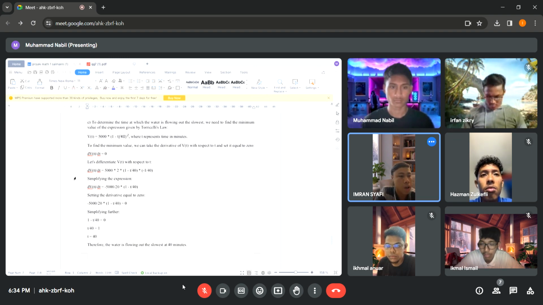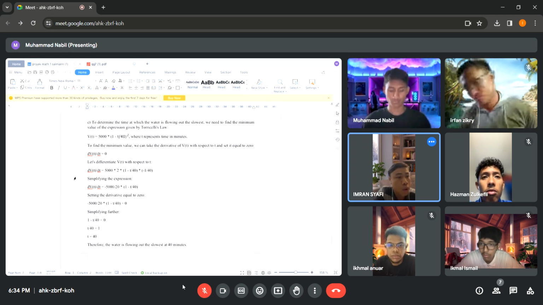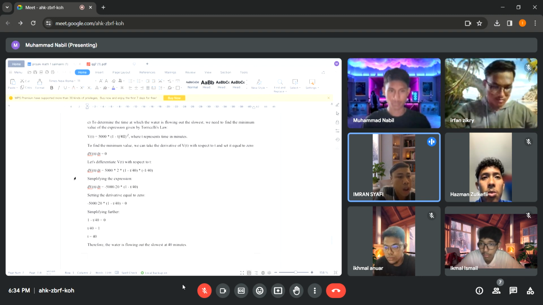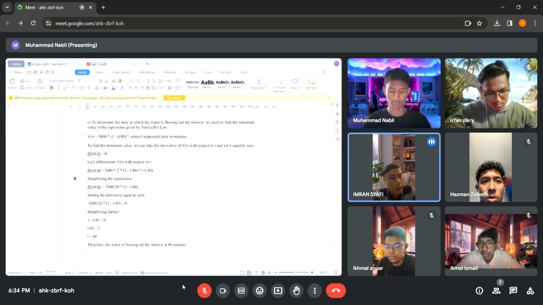dV/dt equals 5,000 times 2 times (1 minus t over 40) times negative 1 over 40. Simplifying the expression, dV/dt equals negative 5,000 over 20 times (1 minus t over 40).